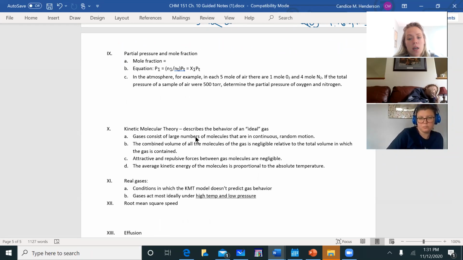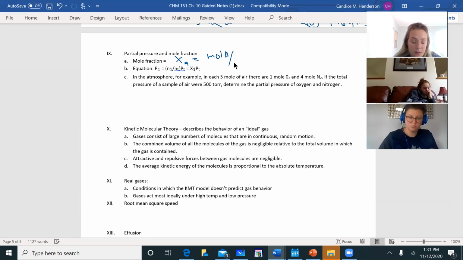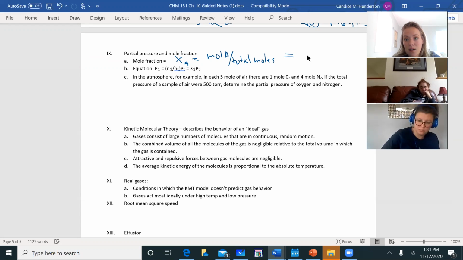So if we have a mixture, my equation for my mole fraction, a lot of times denoted as XA, the A being the gas that we're looking at specifically, is going to equal moles of A divided by the total moles. Or sometimes, because n is our abbreviation for moles, we could say nA, A being whatever the constituent is, over n total.